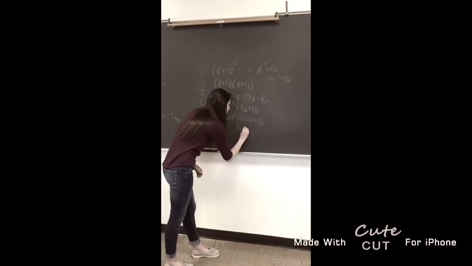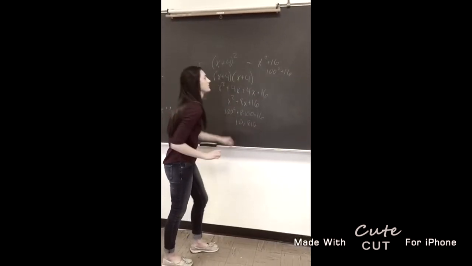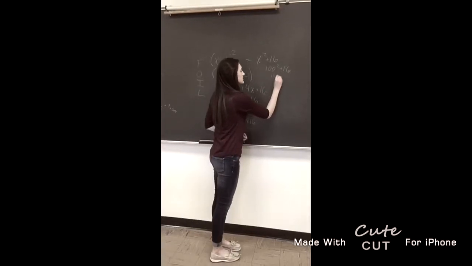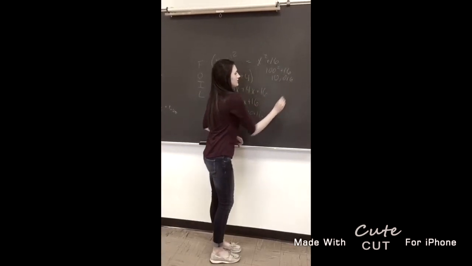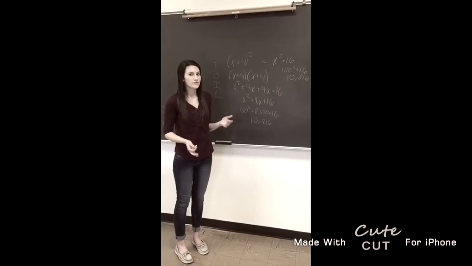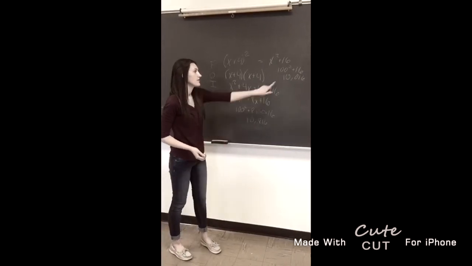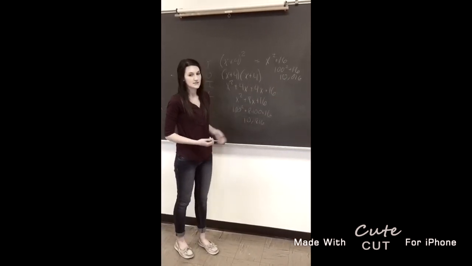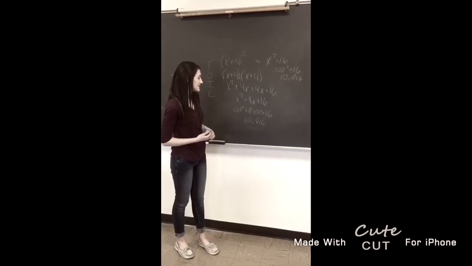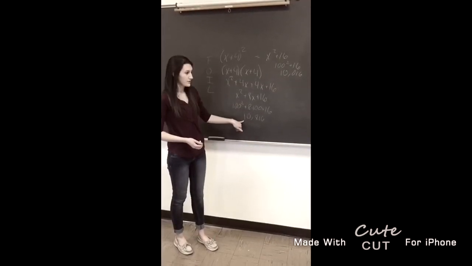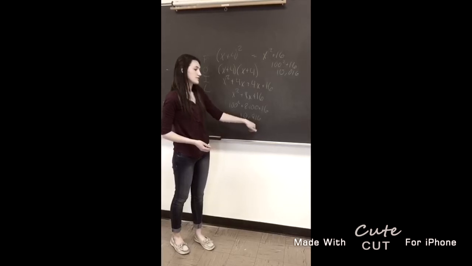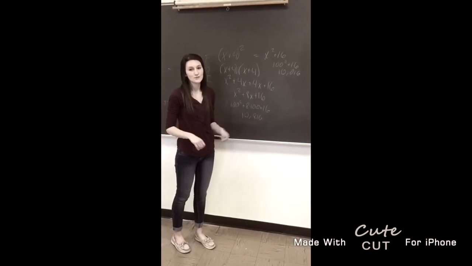So you have 10,816. Over here, you have 10,000 plus 16. If your employer didn't know how to FOIL, he would pay you this much money, $10,016. And if you did know how to FOIL, you'd be getting paid $10,816. Which do you choose?